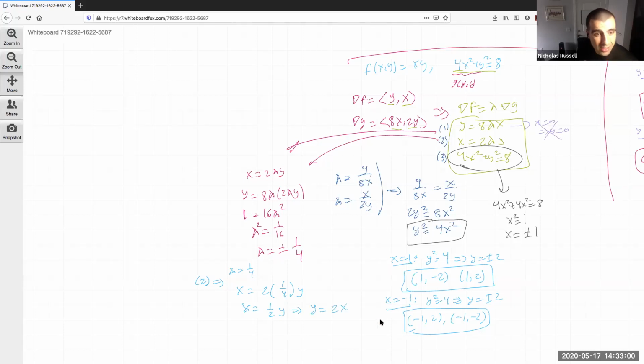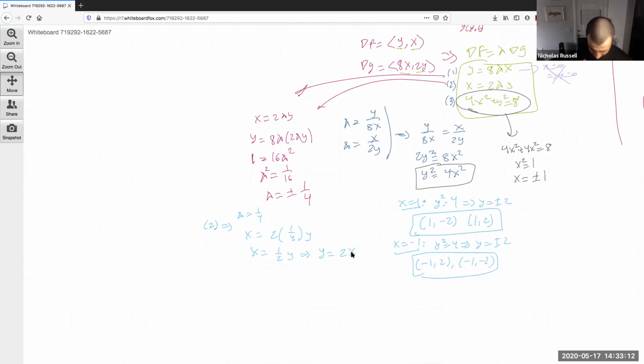And if y is equal to 2x, well, what I could do is use this last constraint here, which is in equation 3, and plug in y is equal to 2x. And so let's do that. We can plug this into constraint 3, which gives me 4x squared plus 4x squared is equal to 8.